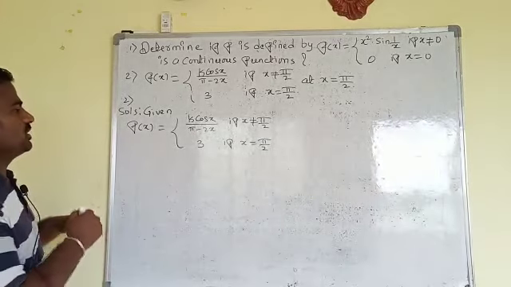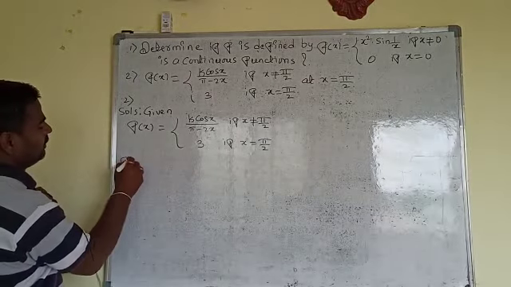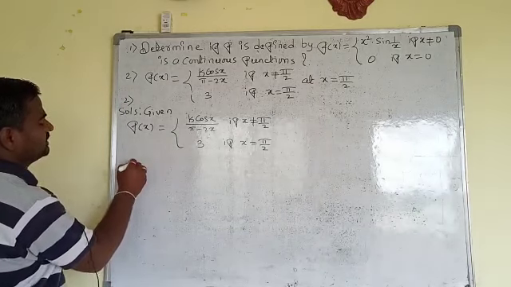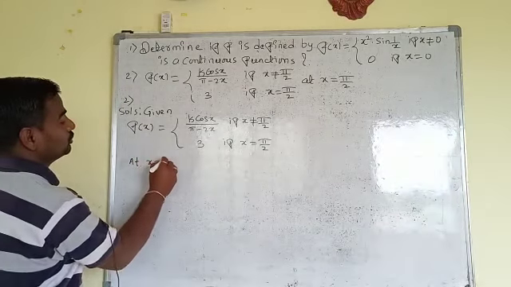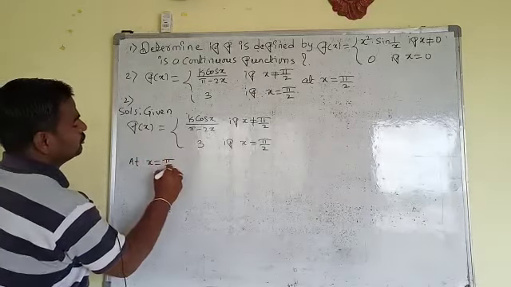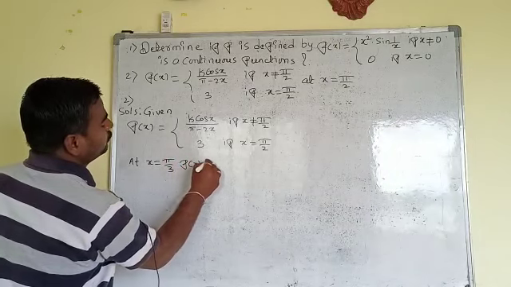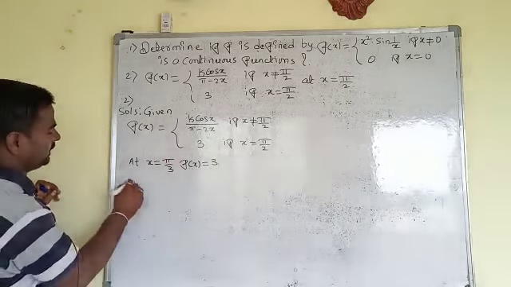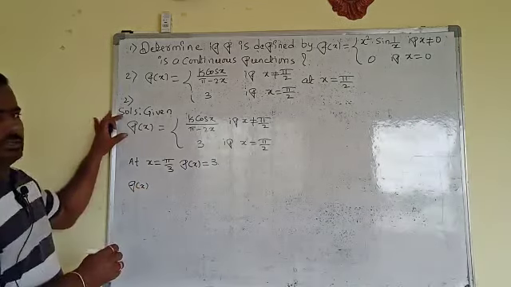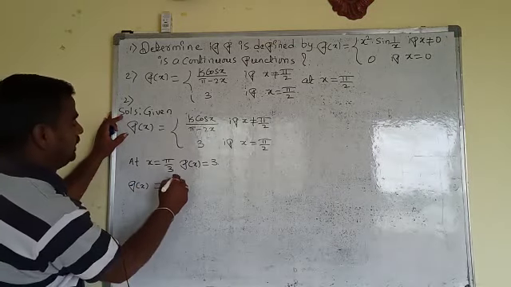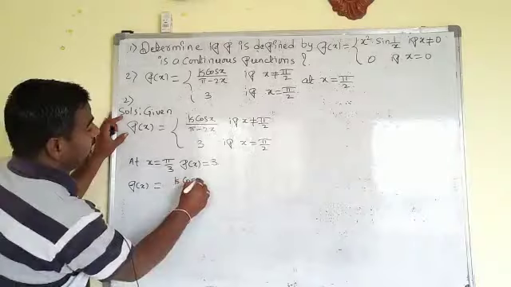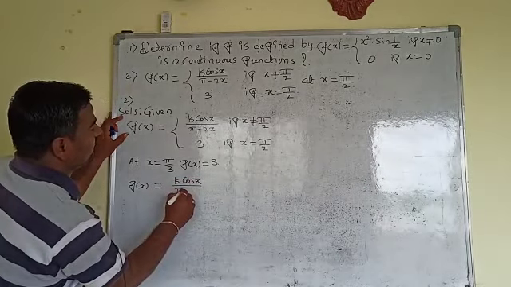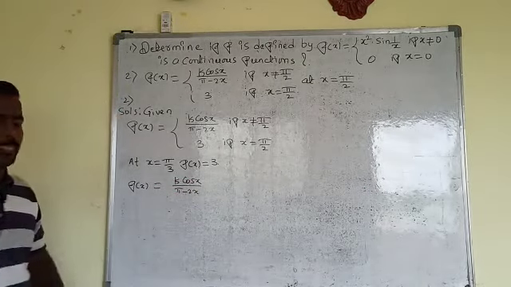This is the given function, right? So if you take first x is equal to pi by 2, f of x is equal to 3, right? So that is over. Next, the second function, you can think about this one: k cos x divided by pi minus 2x.